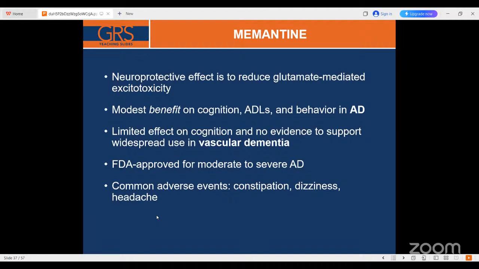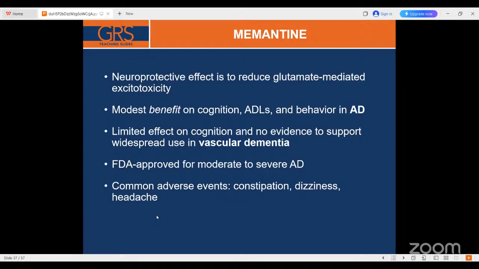So as we continue with management, memantine has a neuroprotective effect by reducing glutamate-mediated excitotoxicity. It has a modest benefit on cognition, daily activity, and behavior in Alzheimer's disease, with limited effect on cognition and little evidence to support widespread use in vascular dementia.